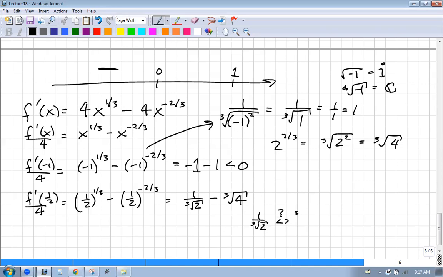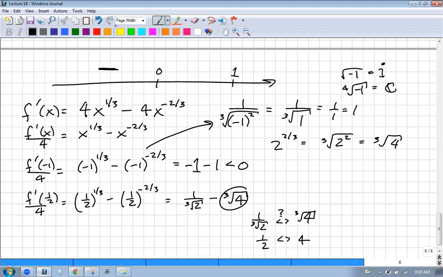Bigger or negative, right? We could try something like that. If we cube both sides, we would have 1/2. Is it bigger than or less than 4? See that comparison there? And if this is bigger, then this thing is positive, right?